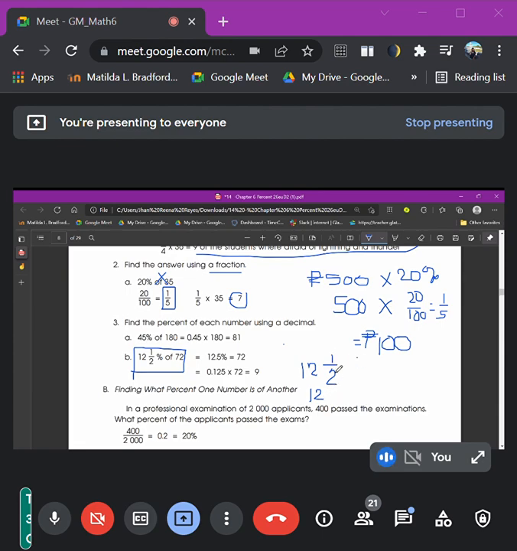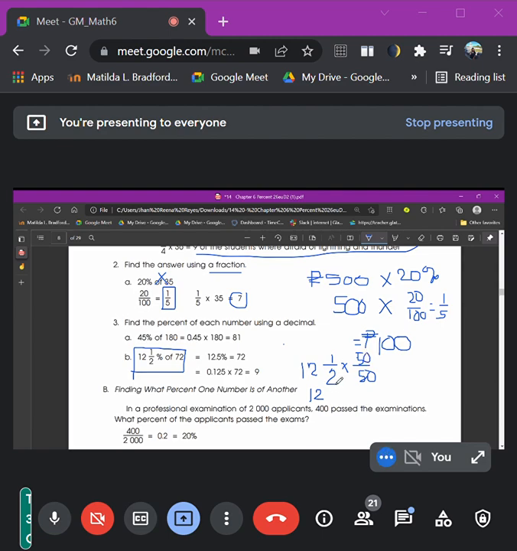And then the 1/2, you can change it into percent. What do you multiply to get 100 as the denominator? 50. Okay, we can multiply it by 50. So, you can have there 50 over 100.